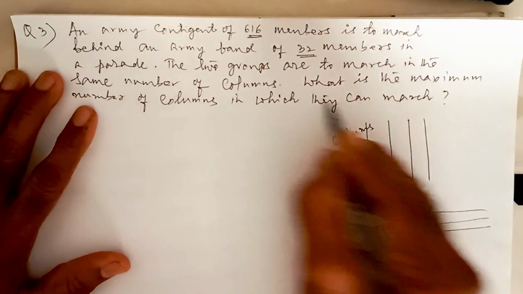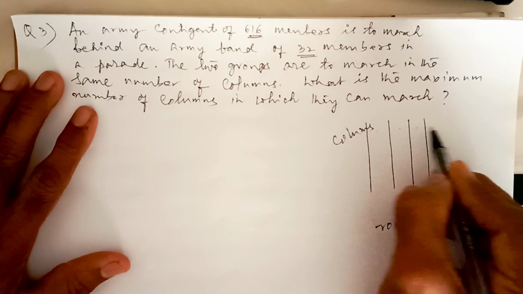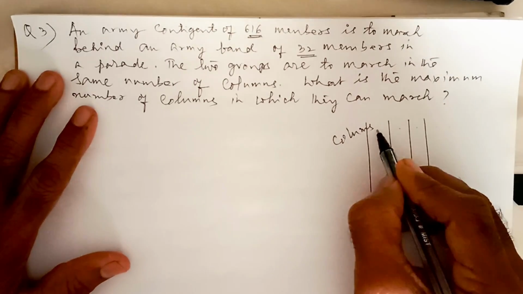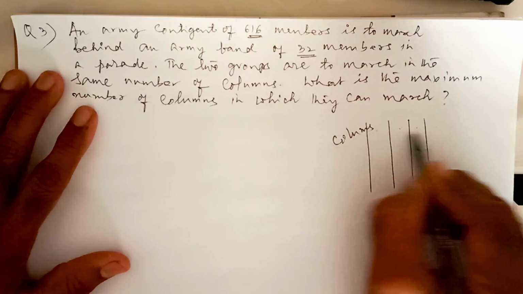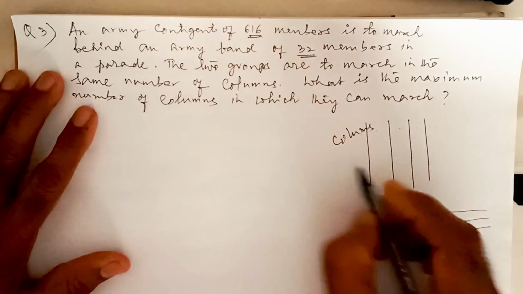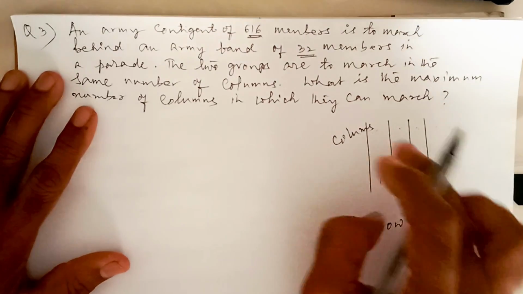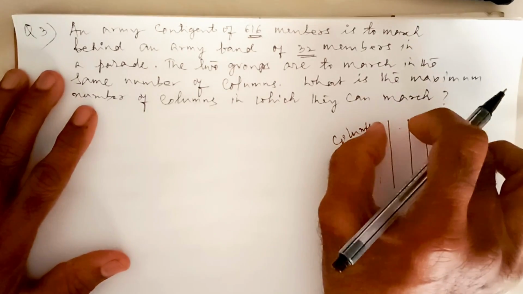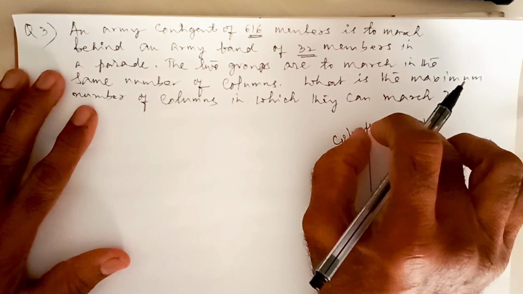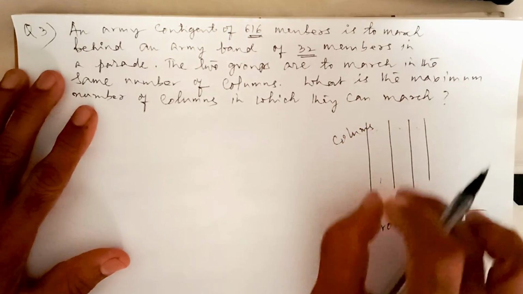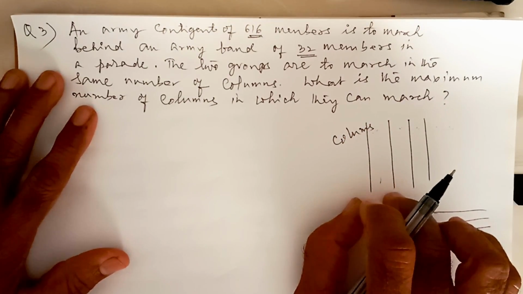Suppose 32 members are said to go in some columns, say 8 people or 4 people, and behind them 616 people should also march in the same way in the same columns. So you need to find out how many people in each column can march, behind which these members will also march.